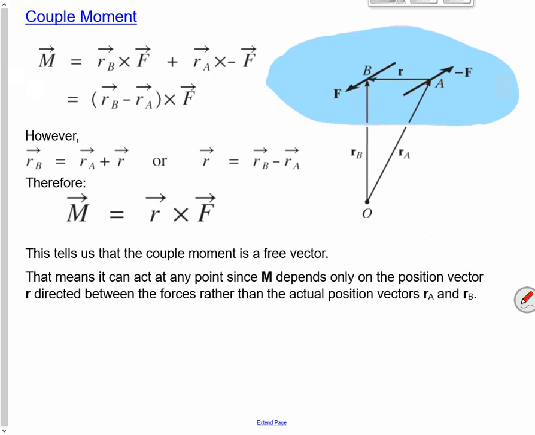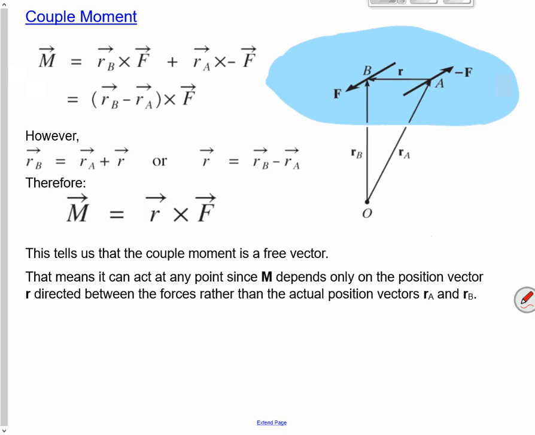What this picture is showing is how to calculate the moment of each of these forces about O. And the interesting thing you get is that it doesn't depend on where the point O is. What it depends on is the force.